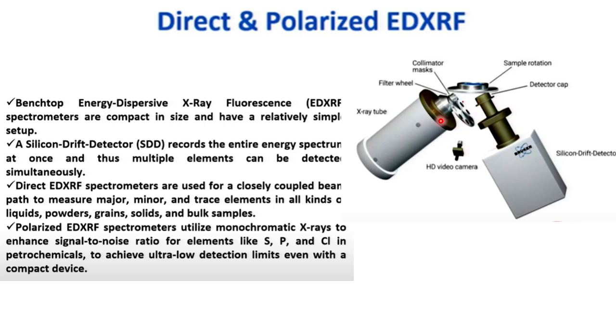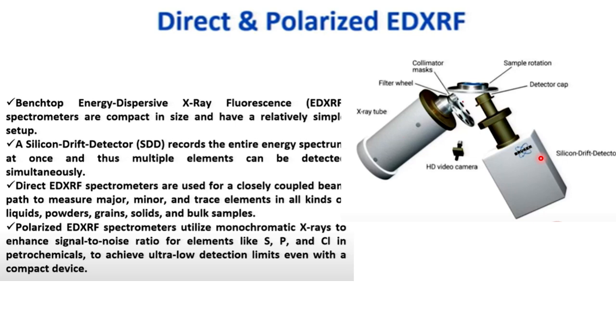So this is the basic structure, where benchtop energy dispersive X-ray fluorescence spectrometers are very compact in size and have a relatively simple setup. The silicon drift detector, SDD, records the entire energy spectrum at once, and thus multiple elements can be detected simultaneously, but obviously the resolution will be low.